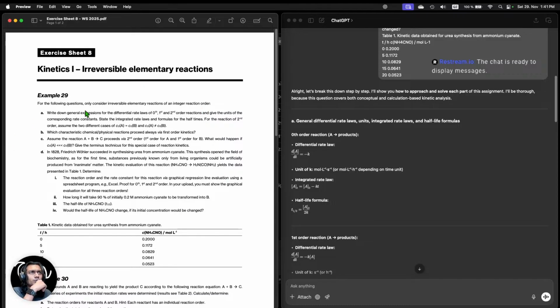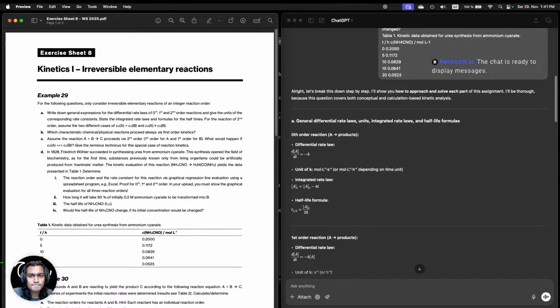Write down the general expression for the differential rate laws of zeroth, first, and second order reaction and give the units of corresponding rate constants. State the integrated rate laws and formulas for half times. For the reaction of second order, assume the two different cases of CA0 and CB0.